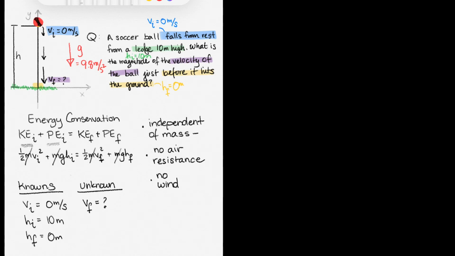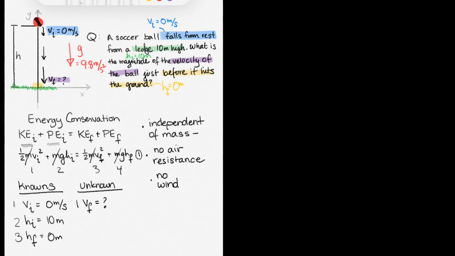Now, as a piece of information that's good for problem solving, we notice that we have 1, 2, 3 knowns and 1 unknown. And in our energy conservation equation, we have 1, 2, 3, 4 terms. And we have 1 equation. So we have 1 unknown and 1 equation.